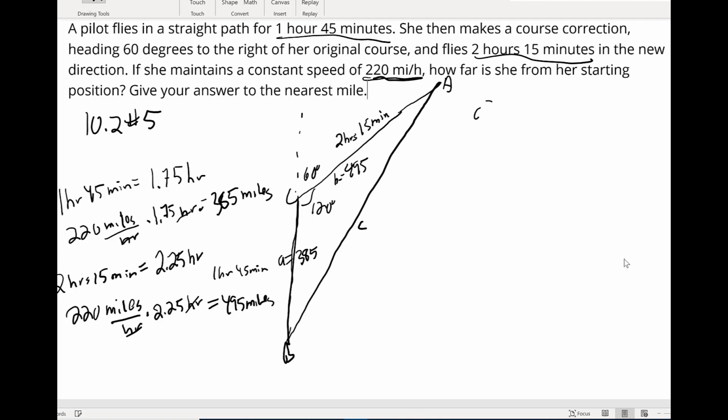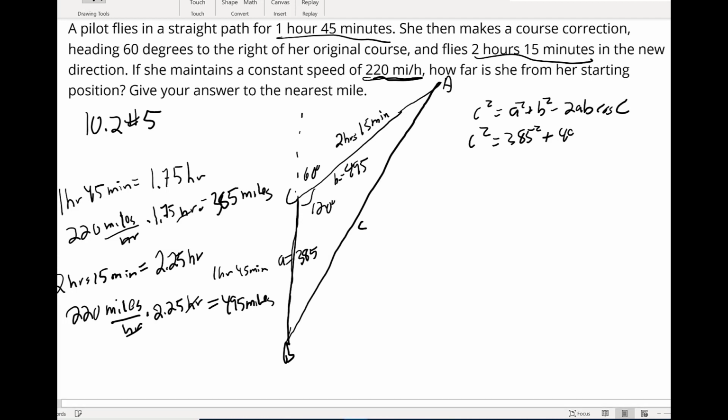We would say c squared, by the law of cosines, equals a squared plus b squared minus 2ab cosine of angle C. So c squared would be equal to 385 squared plus 495 squared minus 2 times 385 times 495 times cosine of 120.